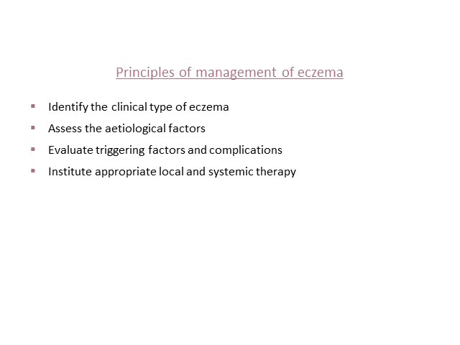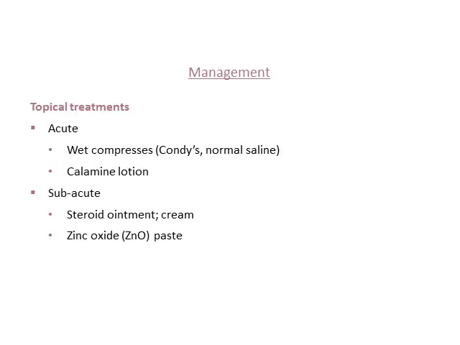Principles in management of eczema: the most important thing that you should remember is identify the type of eczema that you are dealing with, assess the etiological factors, what is the triggering factor, then give the appropriate local treatment. Topicals we usually use in acute conditions when it is oozing, use Castellani's solution or normal saline, clear the crust, and then you can use calamine lotion.